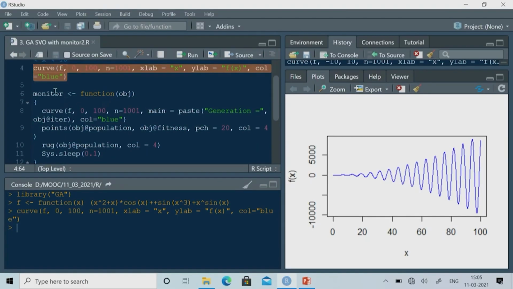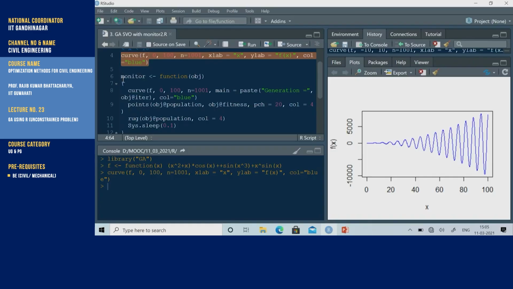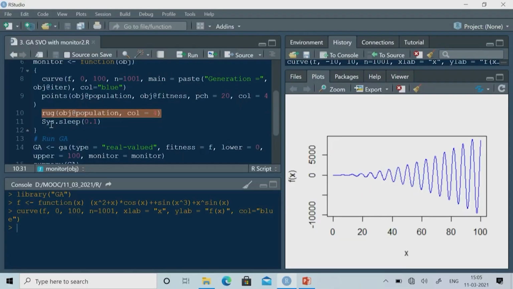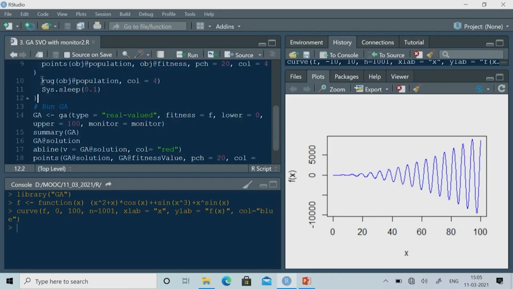So, I have written the monitor function here. I just put the curve function to draw this, then I am putting the points. This is the population I am plotting, and I am also looking at the value on the x axis. Then the system will sleep for 0.1. This is the monitor function. Let us execute this one.